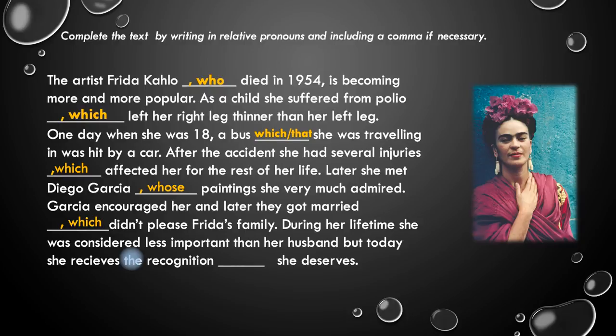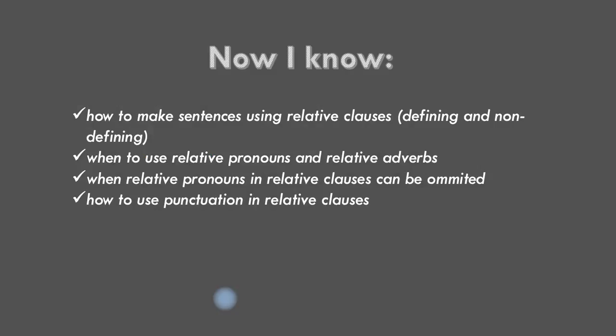A comma and which. During her lifetime, she was considered less important than her husband, but today she receives the recognition which or that she deserves. Or we can also omit which or that in this case, and we can say, today she receives the recognition she deserves. Right?